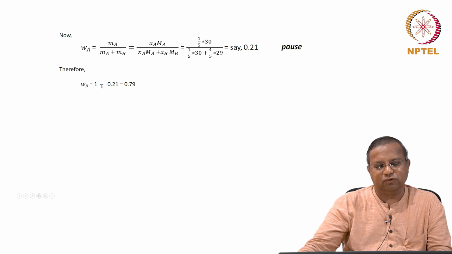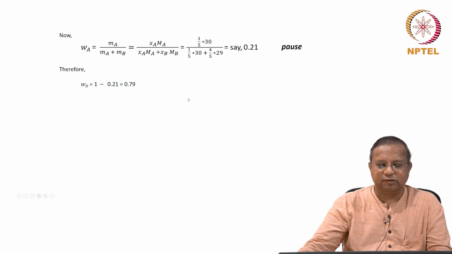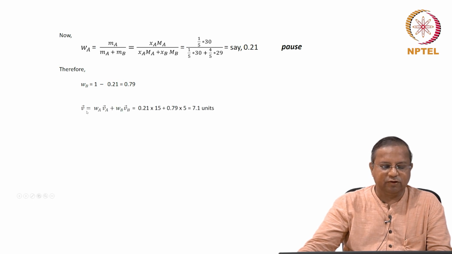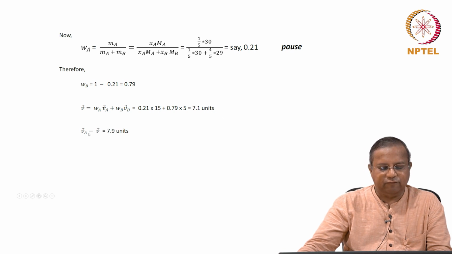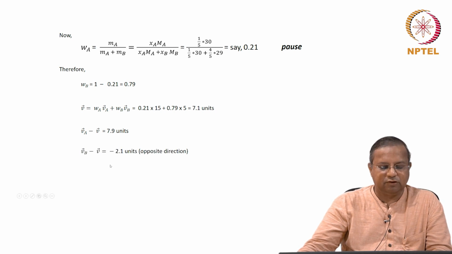W_B is 1 minus 0.21, since it is a binary system, there are only 2 components, therefore that turns out to be 0.79, and therefore V equals W_A V_A plus W_B V_B. You work out the math, it is 7.1 units. And therefore, V_A minus V is 7.9 units and V_B minus V is minus 2.1 units.